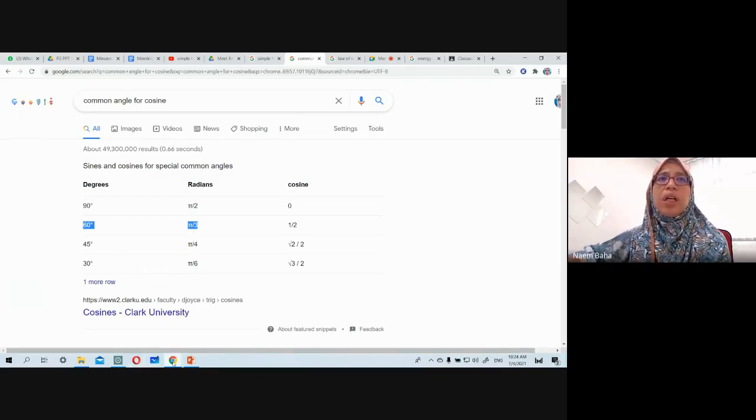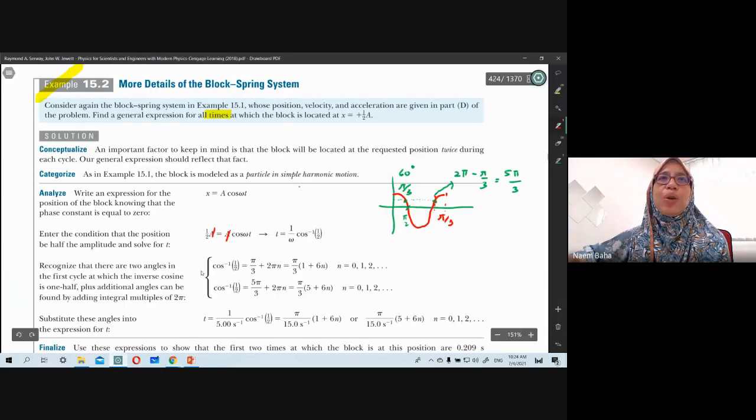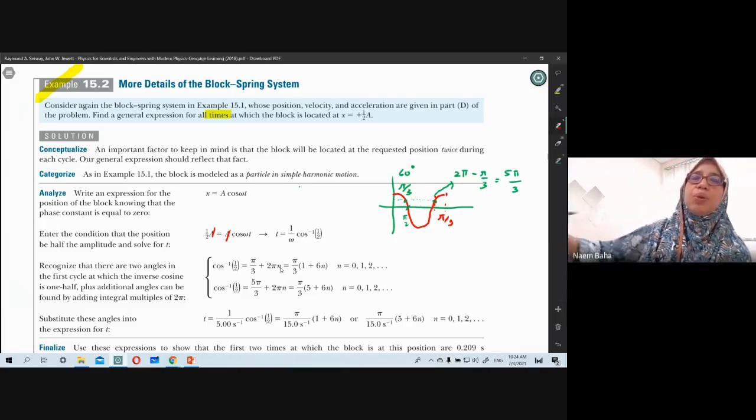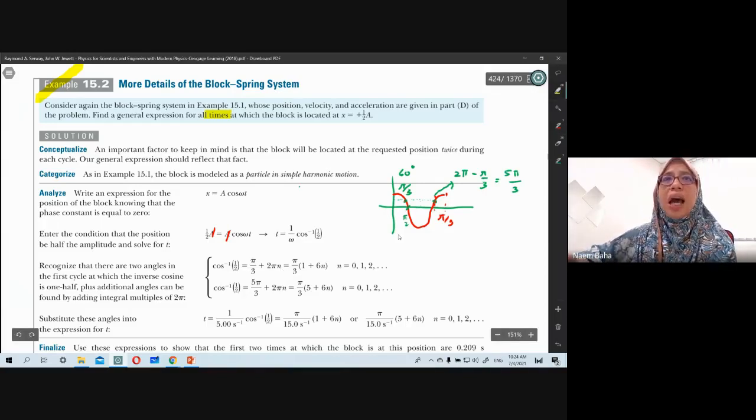Why radian, not degree? When you use cos theta or a sinusoidal expression, it should be in radian mode. So that's really how you arrive at 1 over 2 being equivalent to pi over 3.